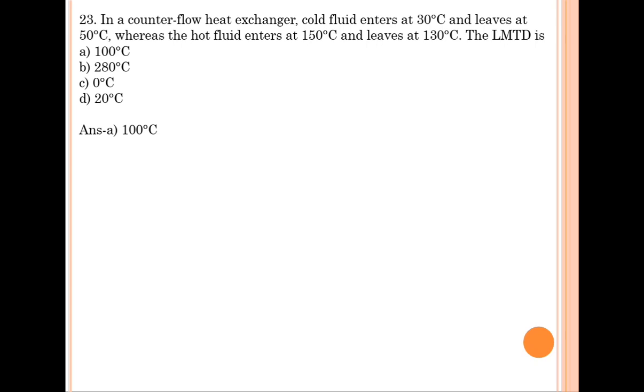If the terminal temperature difference is the same on both sides, then as per the formula the answer will be 0, but the LMTD cannot be 0. So here the LMTD is equal to the TTD, that is 100 degrees, the right answer.